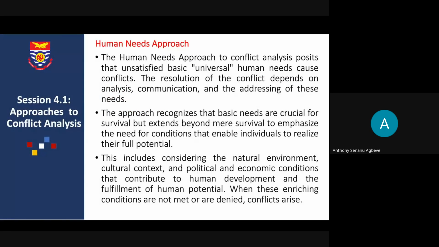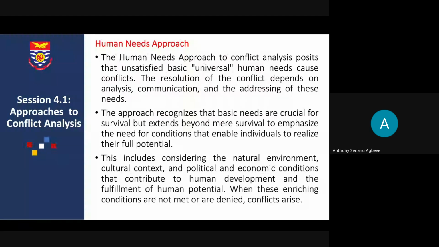Then we also have the human needs approach. So just as the name suggests, the human needs approach is basically interested in the needs of the people, right? So the approach recognizes that basic needs are crucial for survival, but extends beyond mere survival to emphasize the needs for conditions that enable individuals to realize their full potential.